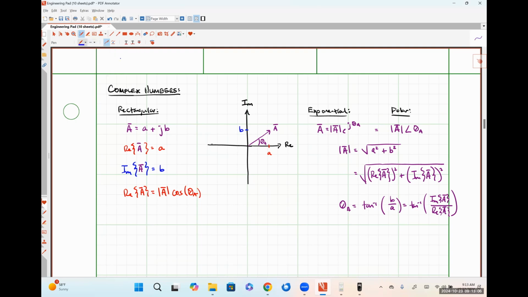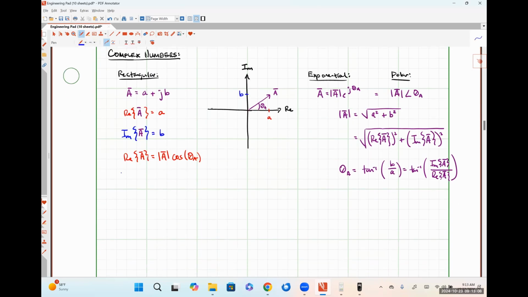And the imaginary part of A is simply the magnitude of A sine theta A, or the projection onto the imaginary axis. So again, nothing that you guys haven't seen before in your prior math classes, because these are just simple vectors that we are manipulating, okay?